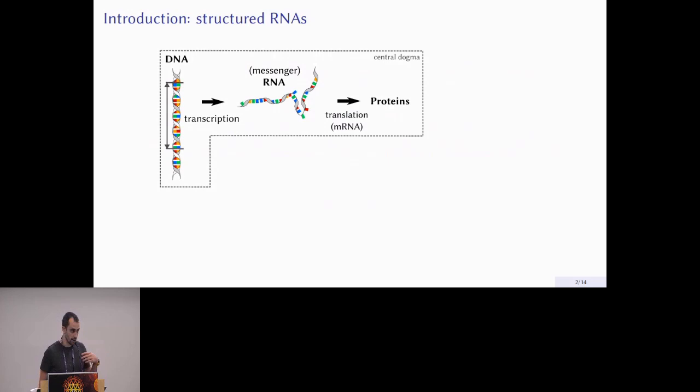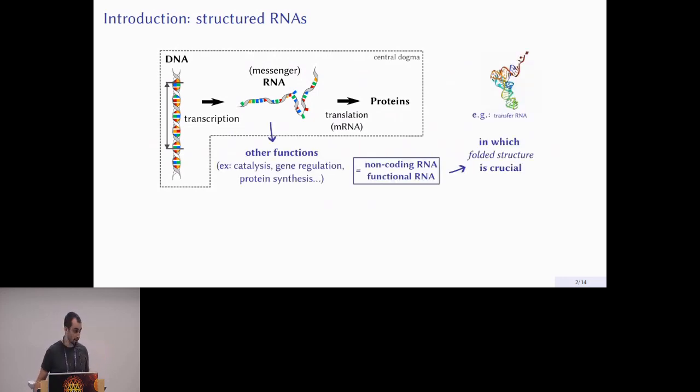So RNA is mostly known as messenger RNA, a mere intermediate between DNA and proteins. But in fact, as you may know, it also performs directly as RNA a wide variety of other functions. These RNAs are regrouped in what we call non-coding RNAs or functional RNAs.